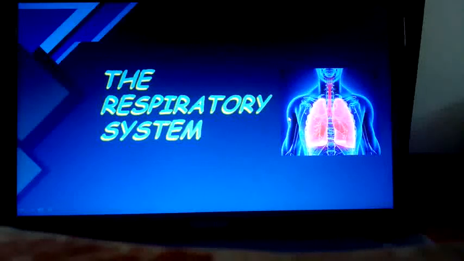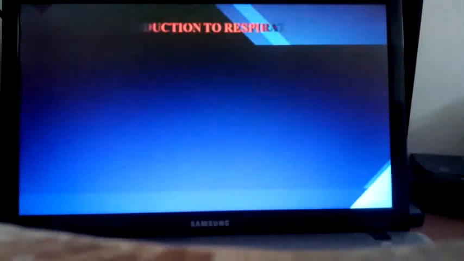Dear students of class 9, today we are going to learn in biology chapter 14, the respiratory system. Respiration is a vital process in all living organisms and it goes on non-stop throughout your life. Understand? Without breathing we cannot live.